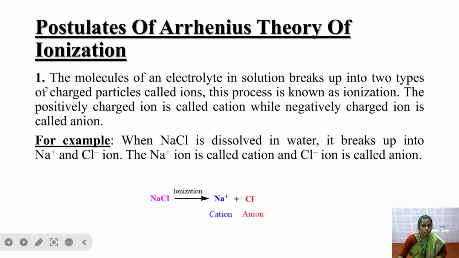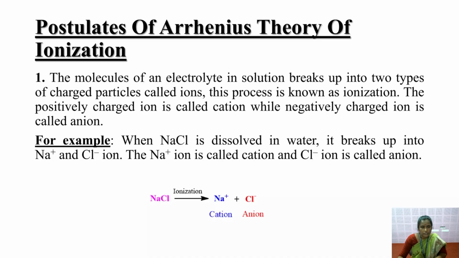Next we move on to the postulates of Arrhenius theory of ionization. The molecules of an electrolyte in solution break up into two types of charged particles called ions. This process is known as ionization. The positively charged ion is called a cation, while the negatively charged ion is called an anion.